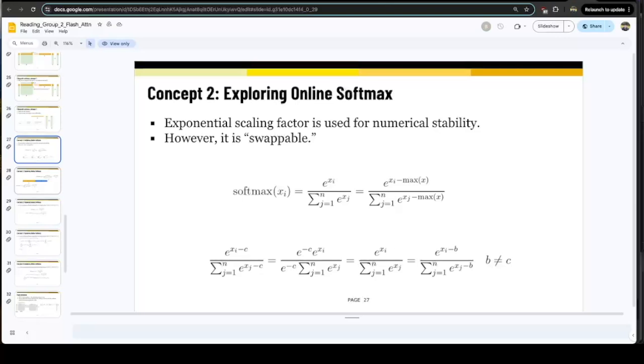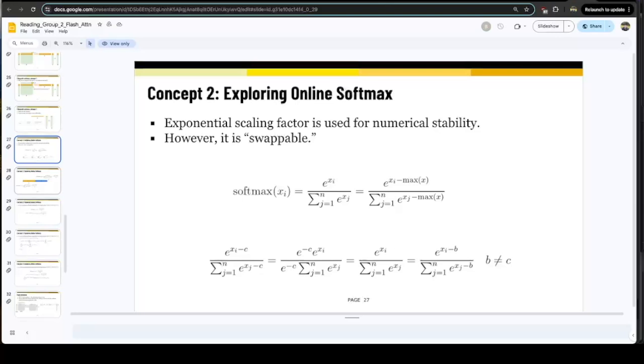But what people normally do is they subtract the max of the vector from it. If you subtract the max of the vector, it's not actually changing the value of this, but it is changing the fact that you can now always have e to the x minus max of x on hardware, because that is at most 1, because it's at most e to the 0.